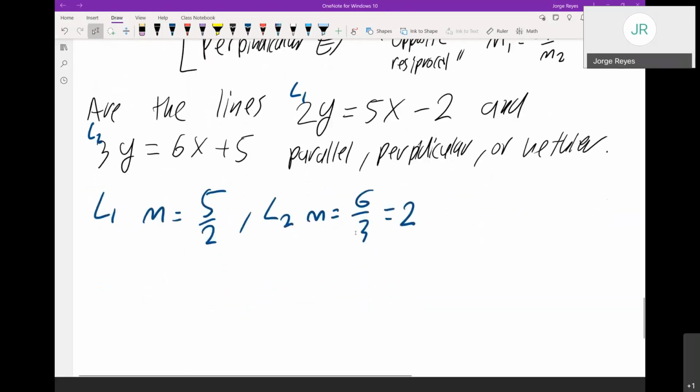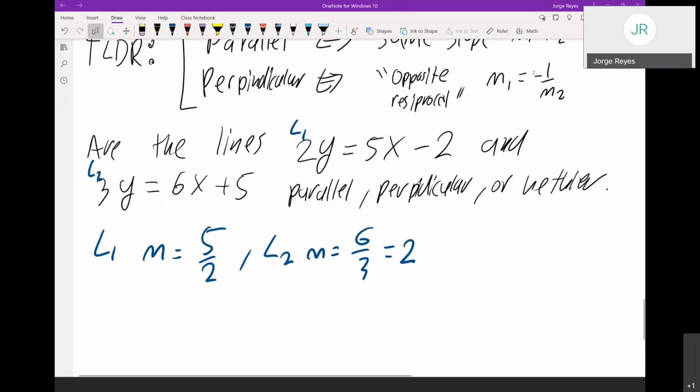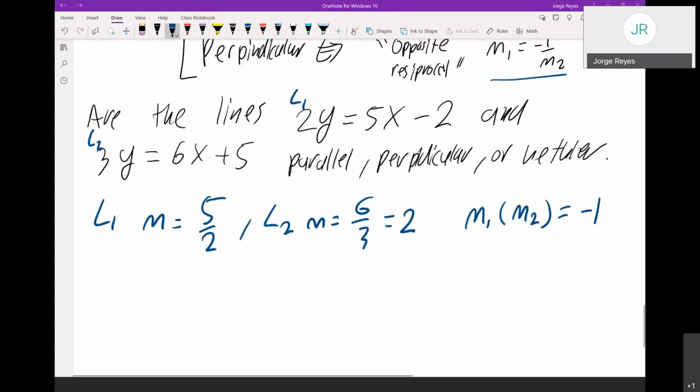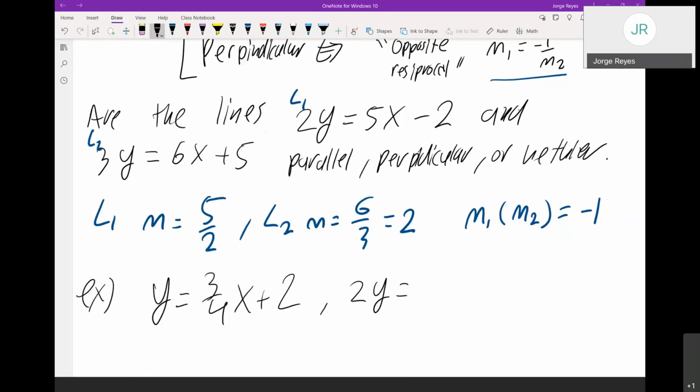Now, if we play with this formula, you can also tell if lines are perpendicular if when you multiply the two slopes together, you get -1. Here's a good example of this. Y equals 3 over 4x plus 2 and y equals -4 over 3 x plus 1.